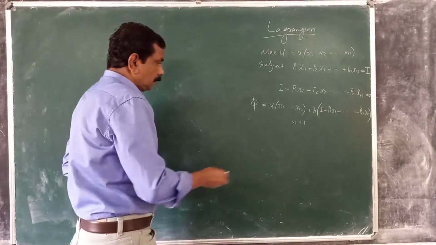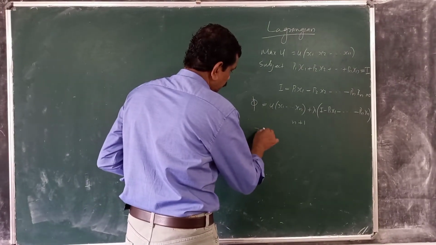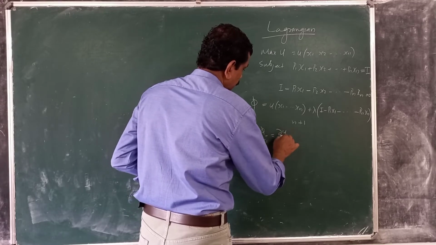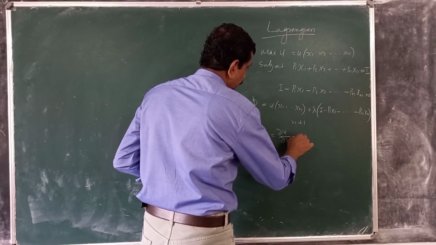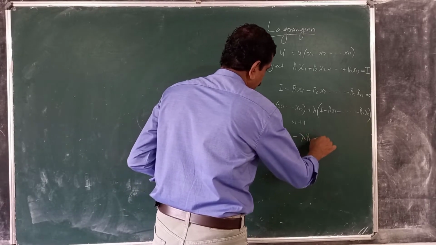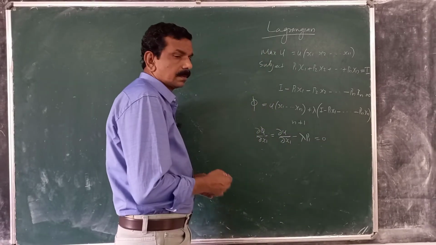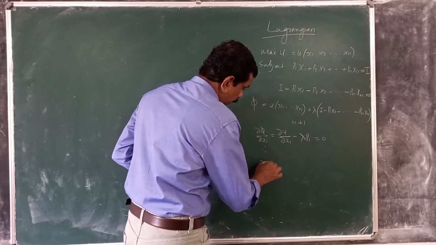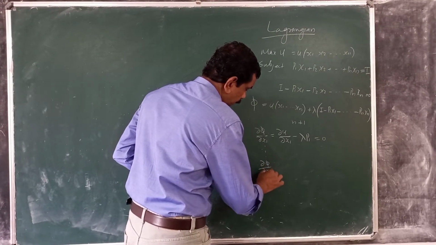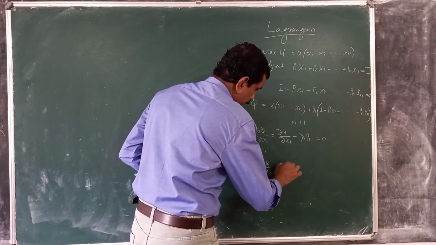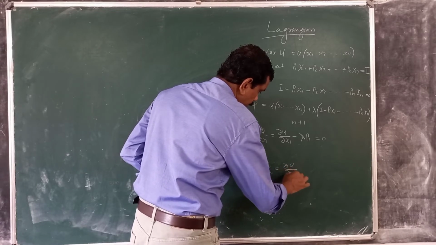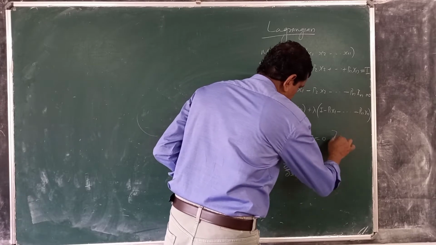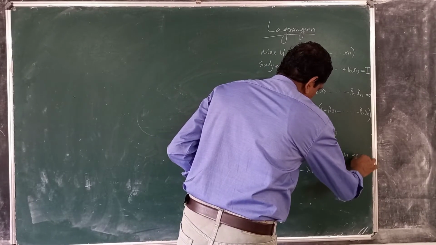So what are they? Dou phi by dou x1 is equal to dou u by dou x1 minus lambda p1 equal to 0. Second is nth one, dou phi by dou xn is equal to dou u by dou xn minus lambda pn is equal to 0. A total of n equations.